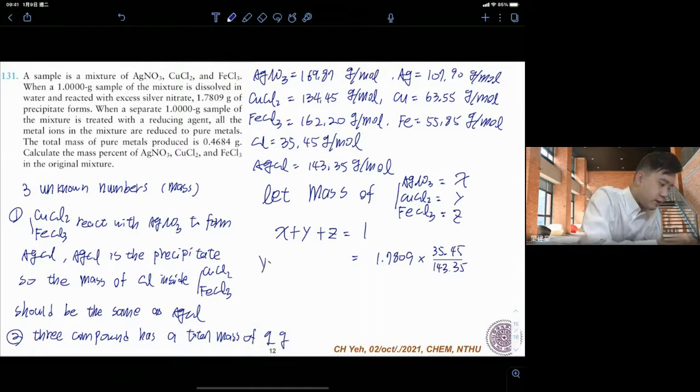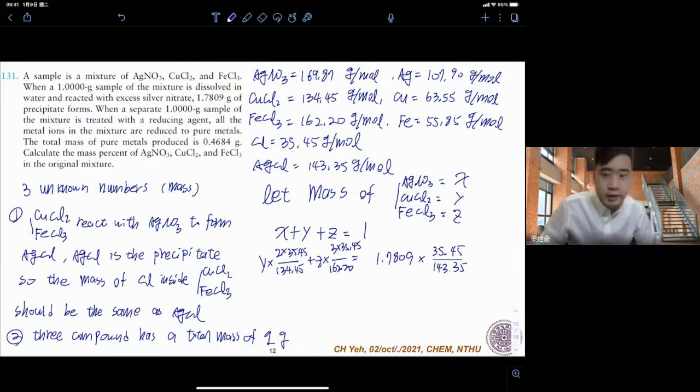So y times, and you have 2 chlorides over here, plus z times 162.2, and you have 3 chlorides over here. This is the second equation.